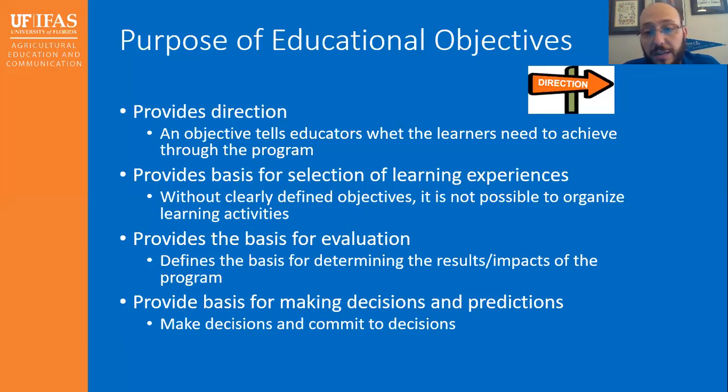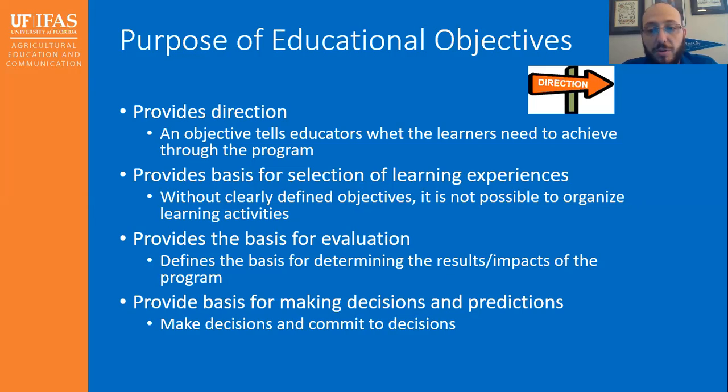Without clearly defined objectives, it's really impossible to organize your learning activities because you don't have a clear understanding of what you want each program, small p, to do, and what you want your learners to be able to do. For me, the objectives are really pivotal and central to providing a basis for evaluation.